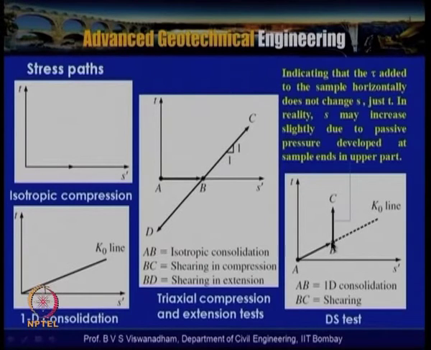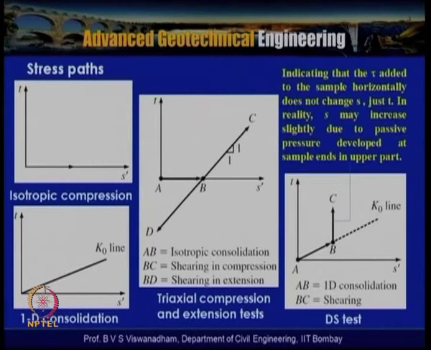That means that the line traverses vertically upwards. This is the case for a direct shear test. In reality, S may increase slightly due to the passive pressures developed at the sample ends in the upper portion of the sample.